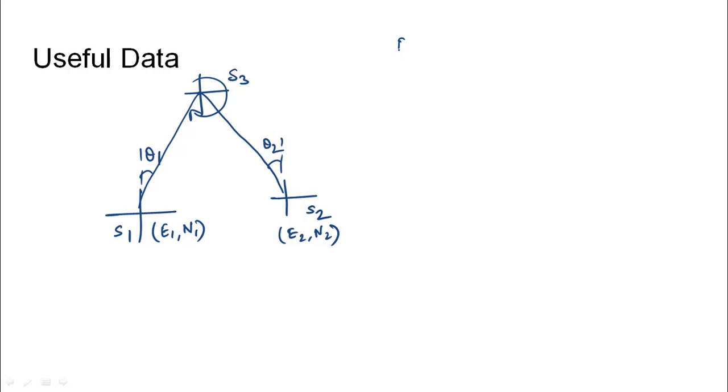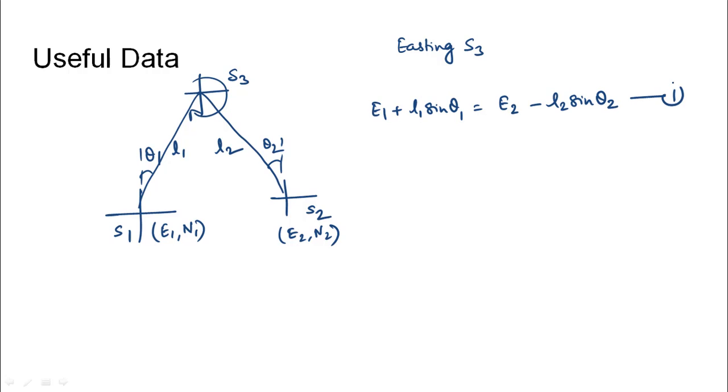Now comparing the easting for the station S3, assuming this is L1 length and this is L2 length, we get E1 plus L1 sine theta 1 equals E2 minus L2 sine theta 2. This is the first equation.